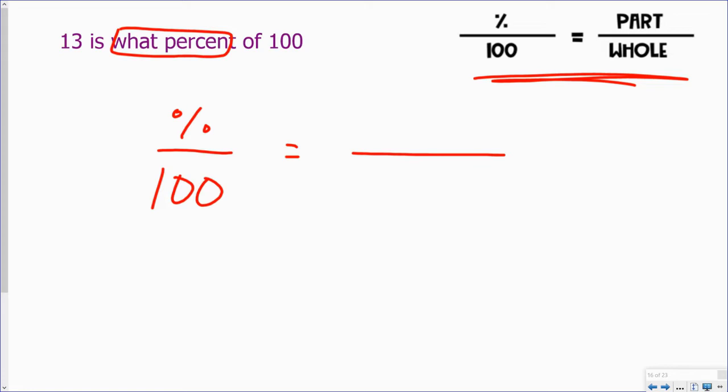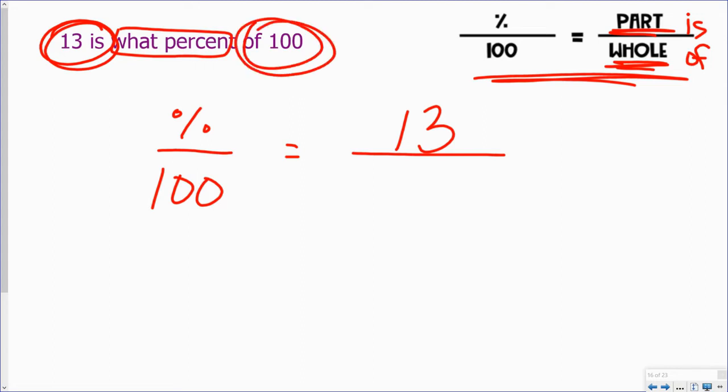This is my part up here, represented by the word "is." Right here it says 13 is, so my 13 is going to go here. The whole is my denominator, represented by the word "of." Right here says of 100, so I would put my 100 right here.